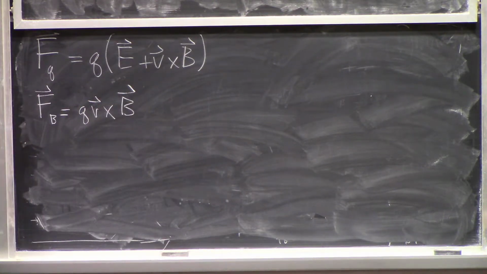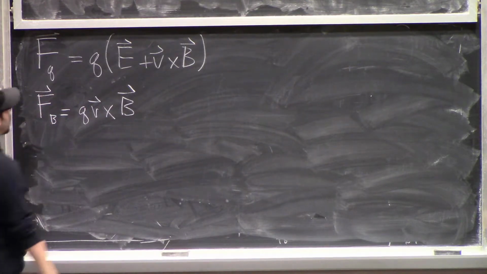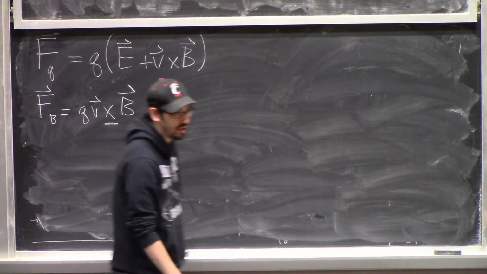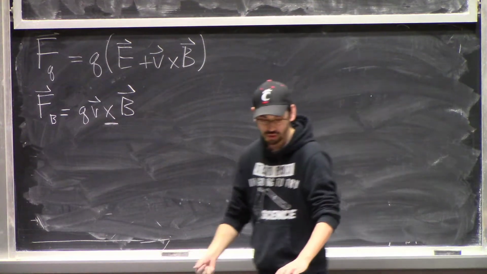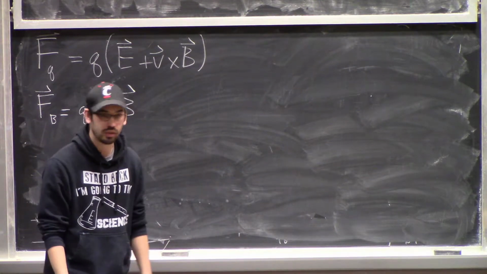Okay. And this is where we started getting into talking about the right-hand rule. So here, whenever we see some equation with some cross product, and in fact we did this last semester too when we talked about torque and angular momentum, whenever you see an equation with a cross product, that should indicate to you that you need to use the right-hand rule in some fashion.